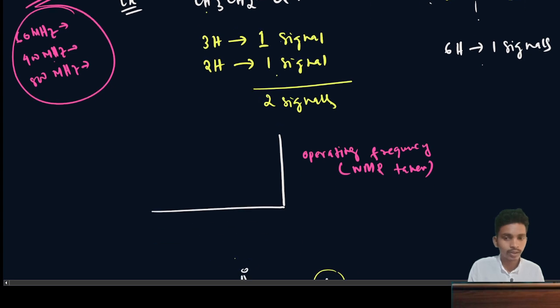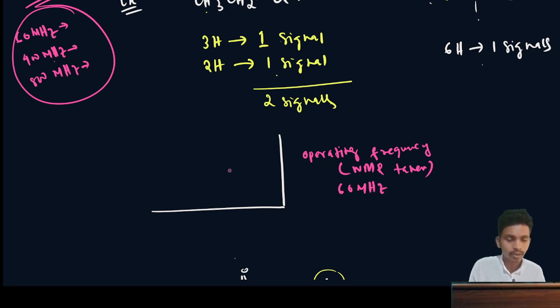Let's say you are using a 60 megahertz instrument. In this case, how many signals are there? Two signals will appear here. The first signal will be the reference standard. This will be the reference standard.